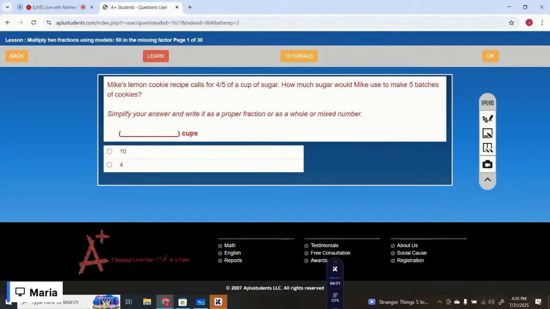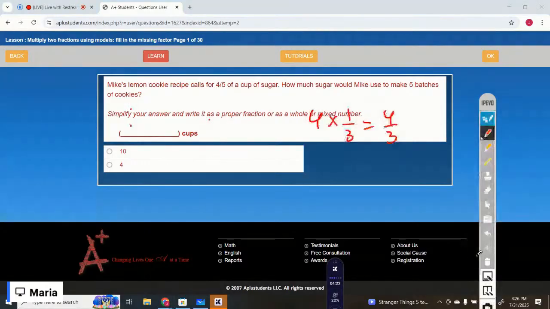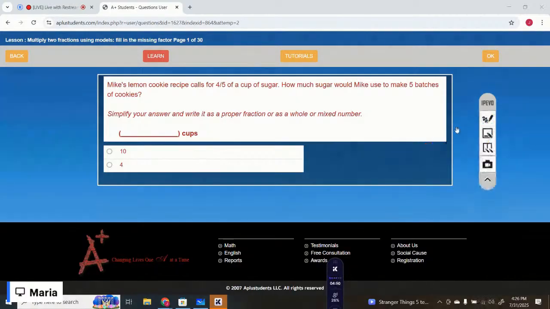So we have to do 4 by 5 times 5. So 5 and 5 cancel out. We are left with 4. So for 5 batches of cookie, he can use 4 cups of sugar. The correct option is 4. Option number 2 is the correct option.